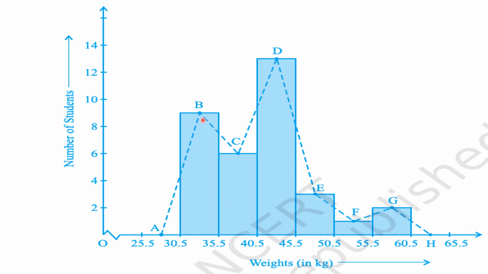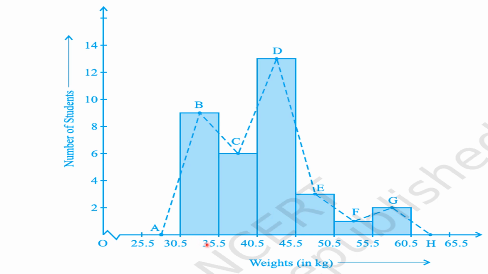Now this is the midpoint of this rectangle, this is the midpoint of this rectangle, and D is the midpoint of this rectangle, E is the midpoint of this rectangle, F is the midpoint of this rectangle, and G is the midpoint of this rectangle. We have found midpoints of the upper sides of every rectangle. Here we have to assume a class interval before this first rectangle.